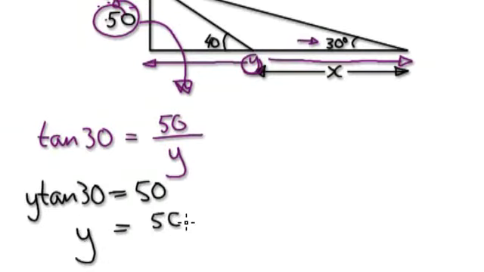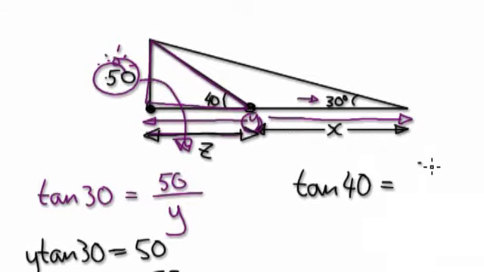Let's work out z now. Let's call z this distance here. So this will be z, from here to here. So now we are looking at the small triangle here. So tan 40 equals 50 over z.